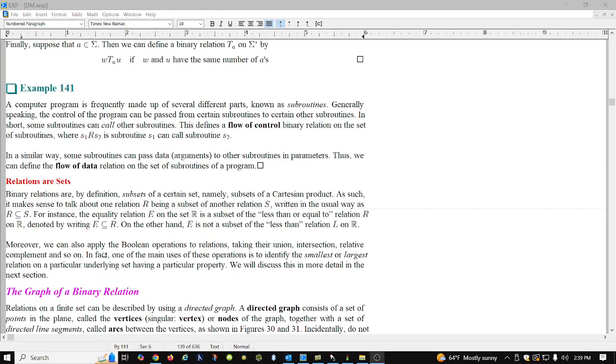Binary relations are, by definition, subsets of a Cartesian product. And so, because of that, it makes sense to talk about one relation being a subset of another relation. And we'd write that in the usual way with subset notation.